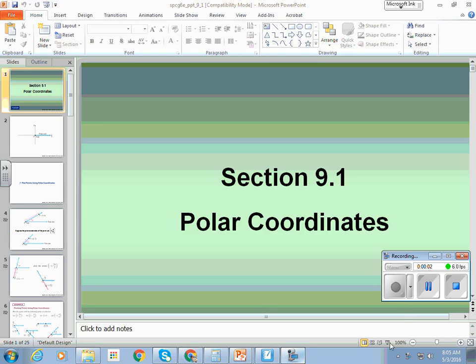So this is Chapter 9, Section 1, Polar Coordinates. We are going to be rocking and rolling our way through and getting to vectors, which is really exciting.